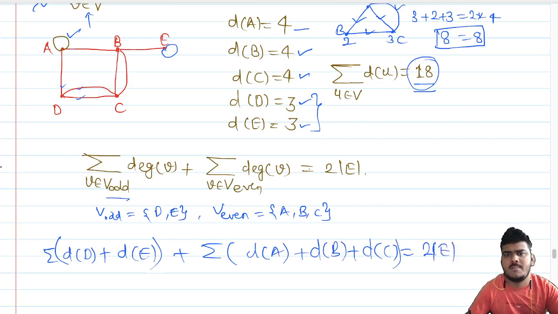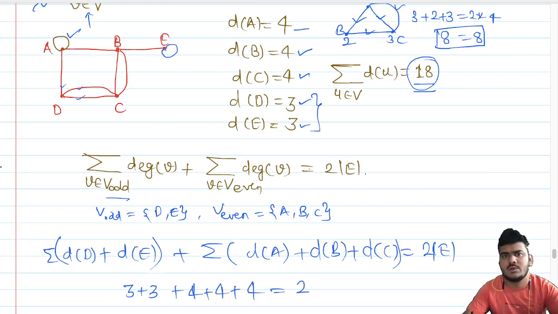So degree of D and degree of E become 3 plus 3. Degree of A becomes 4, degree of B becomes 4, degree of C becomes 4.